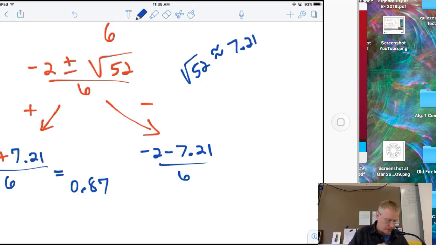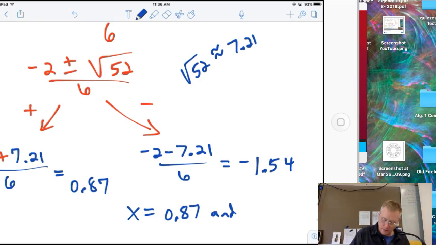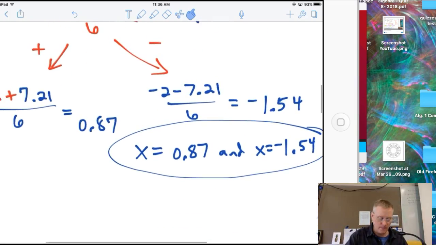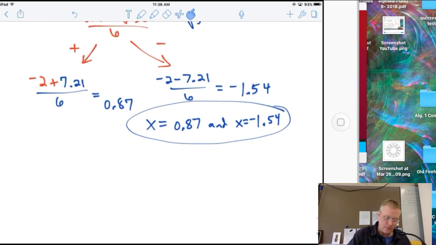Over here, if I take negative 2 minus 7.21 and divide by 6, I get negative 1.54. So those are my two answers. X equals 0.87 and x equals negative 1.54. And those are my two answers in this case. All right? And that's it for that problem.